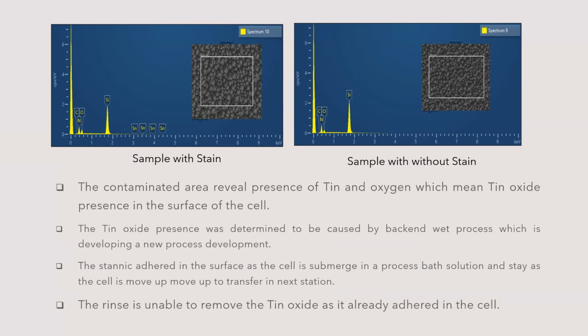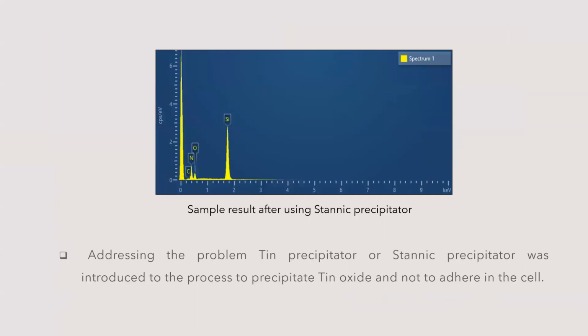The rinse is unable to remove the tin oxide as it already adhered to the cell. Addressing the problem, a stannic precipitator was introduced to the process to precipitate tin oxide so as not to adhere to the cell.